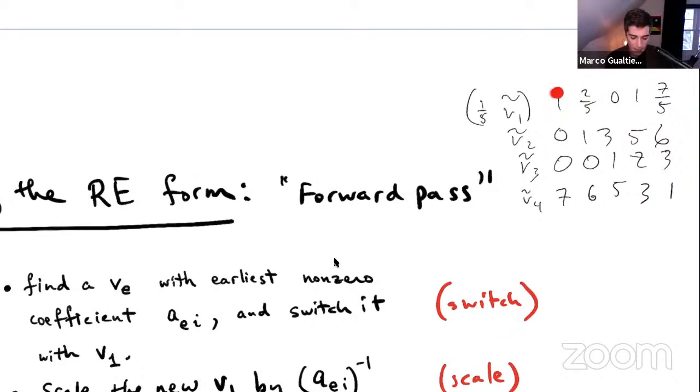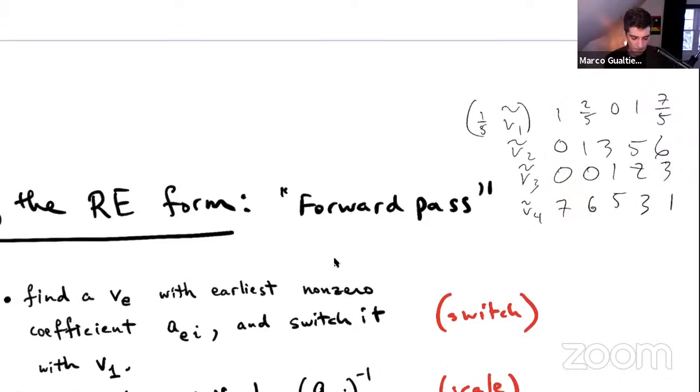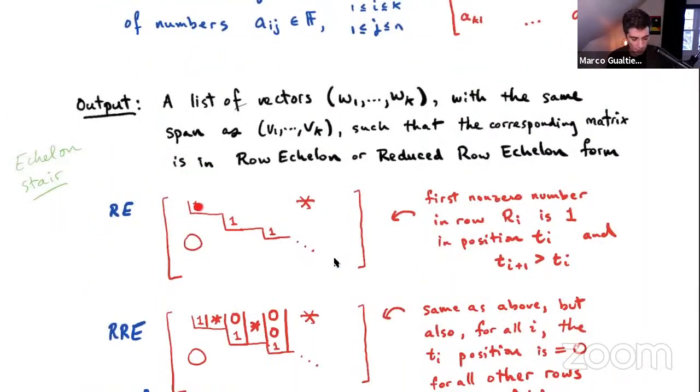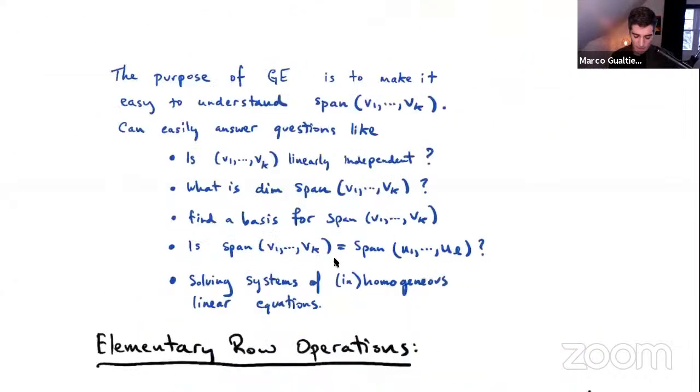And so that means that this echelon is staring down, and it sees this as its enemy, because if you look at the echelon form, each one of these echelons looks down and sees only zeros. So this echelon does not like to see anything non-zero beneath it.